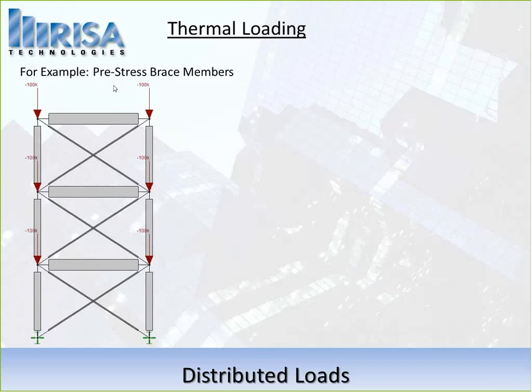So this model in particular shows a brace frame with some large compressive forces. And as we apply these compressive forces, maybe we want these rods or cables to act as tension-only members.